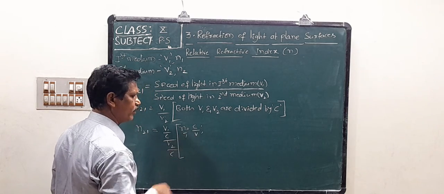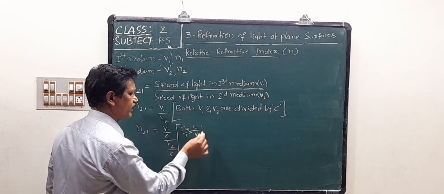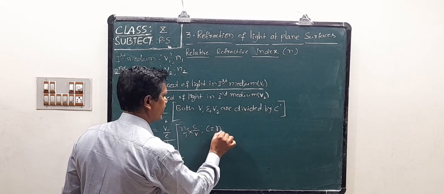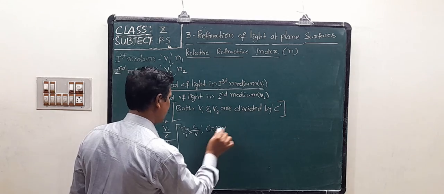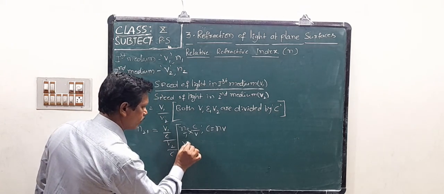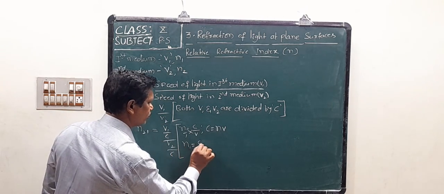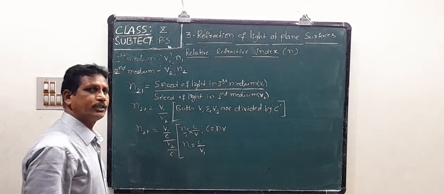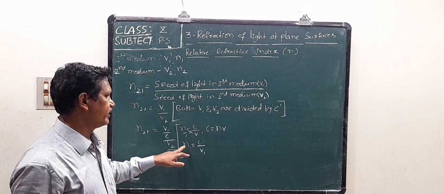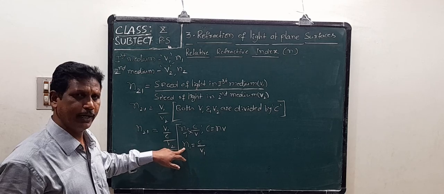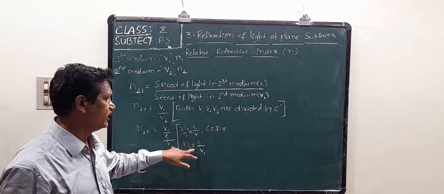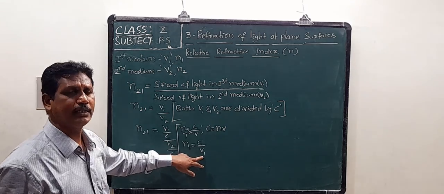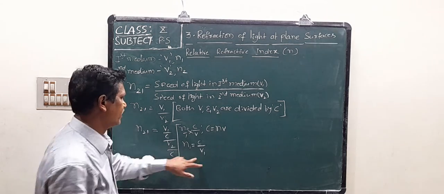So c equal to n v for a medium. You know n1 equal to c by v1 for the first medium. n1, the refractive index of the first medium, is equal to c, the speed of light in vacuum, which does not change, divided by v1, where v1 is the speed of light in the first medium.